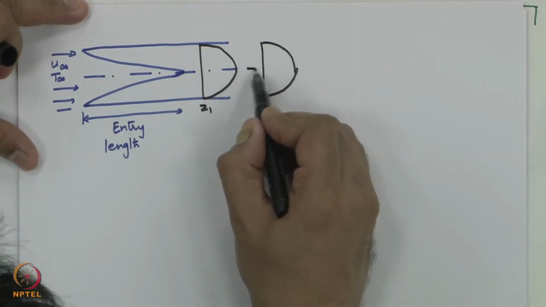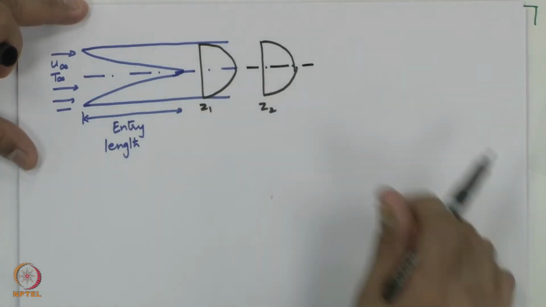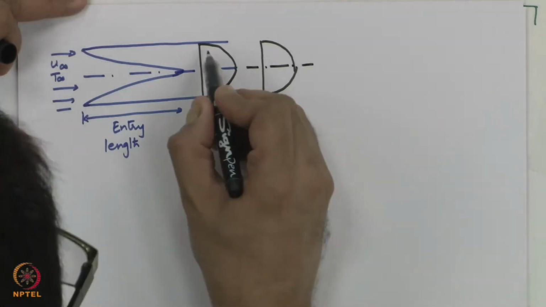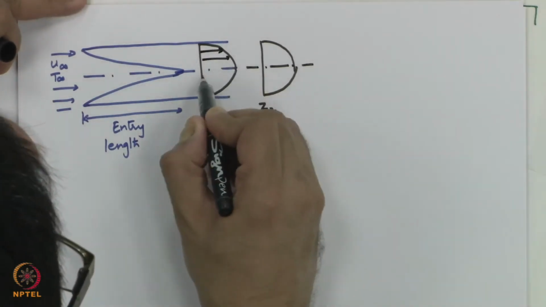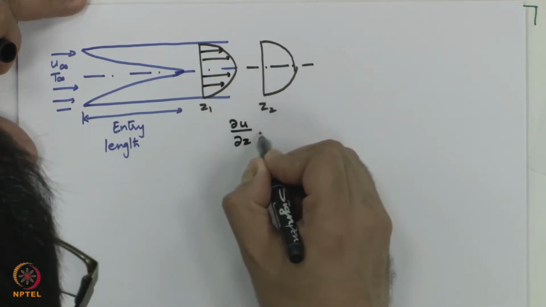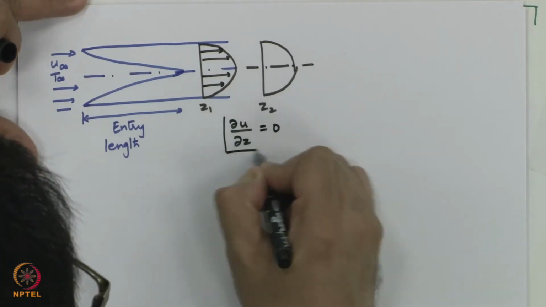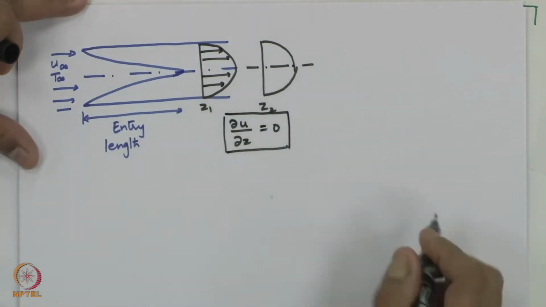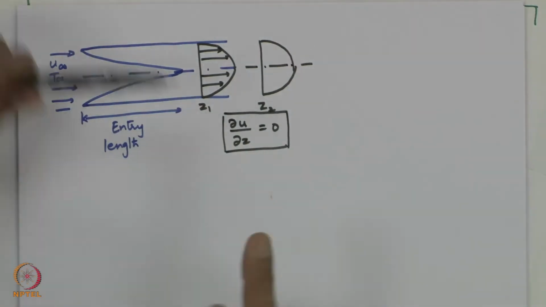If I cut the profile at Z1 and keep it on the profile at Z2, it will exactly overlap, and this is the concept of hydrodynamically fully developed, which gives me this condition mathematically. And this was used quite extensively in fluid mechanics, and it simplified our problems to a great extent.